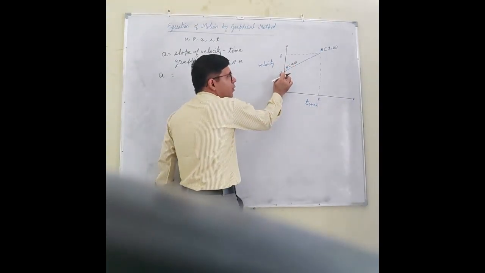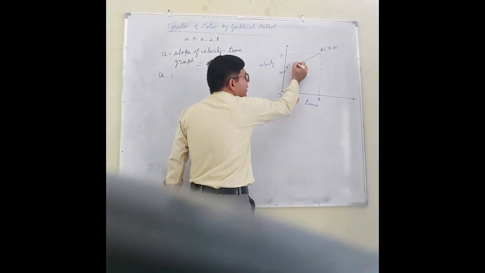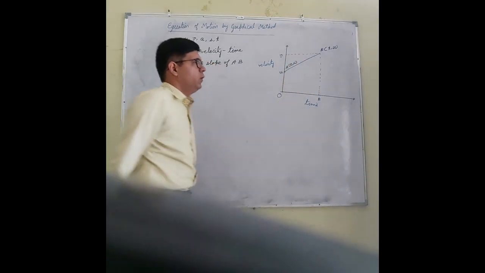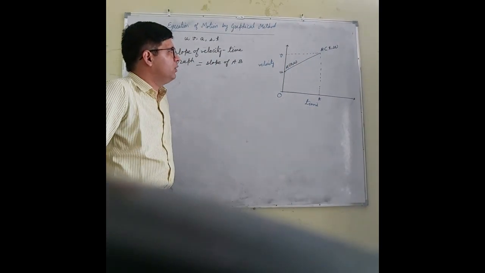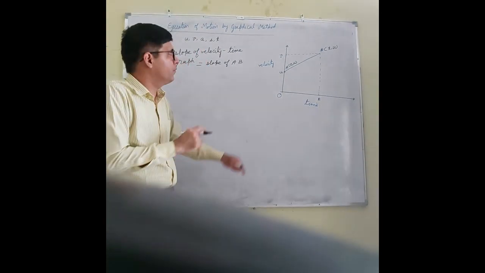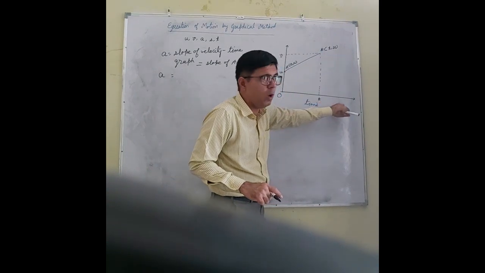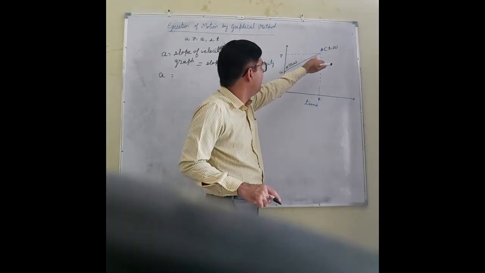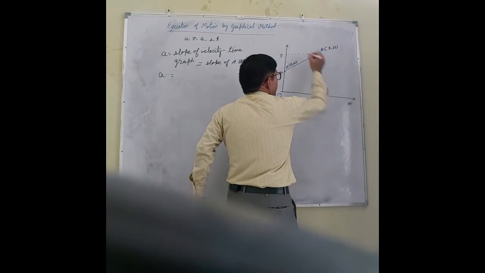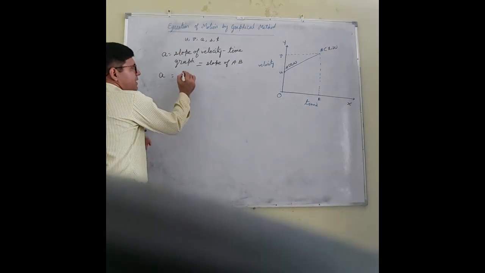Because u is along the y-axis, so I have to reorder them: 0 followed by u. So coordinates of A are 0, u and coordinates of B are t, v. What does t represent? The coordinate along the x-axis. And what does v represent? The coordinate along the y-axis.